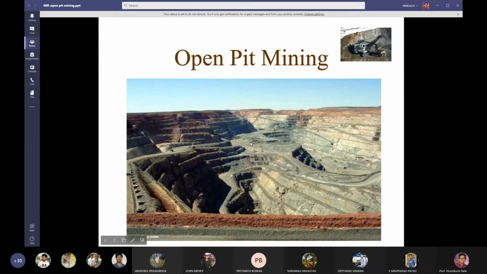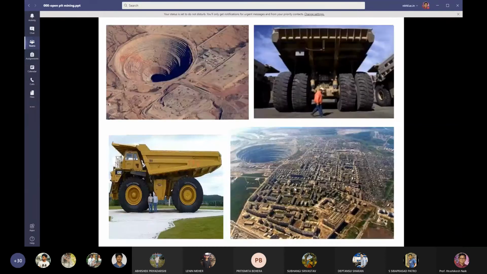Yes. So this open pit mining, we are much concerned about the open pit mining. So this is also another open pit mine. So these are the benches and these are the haul roads as I have shown you.